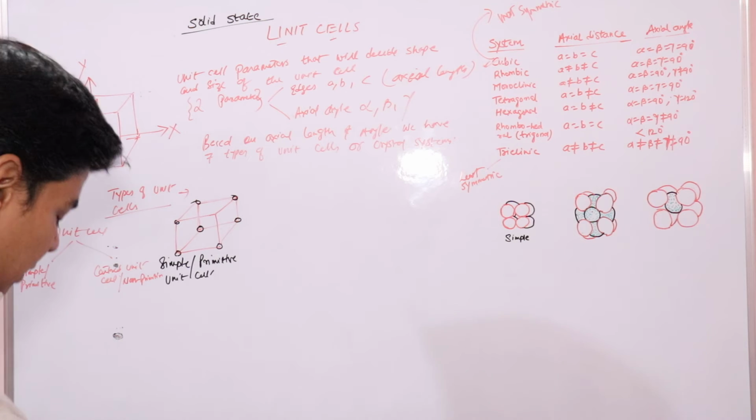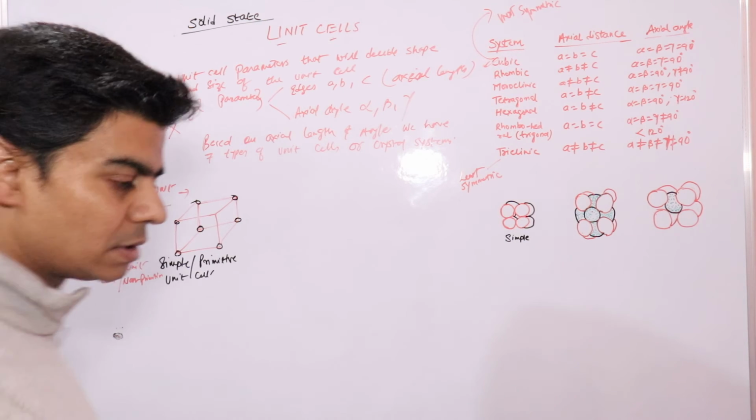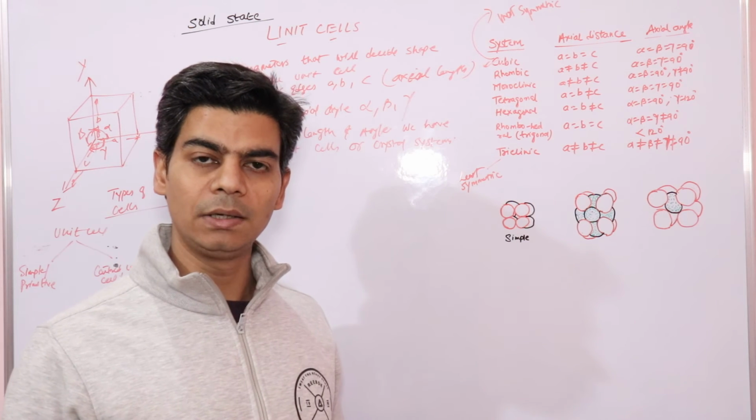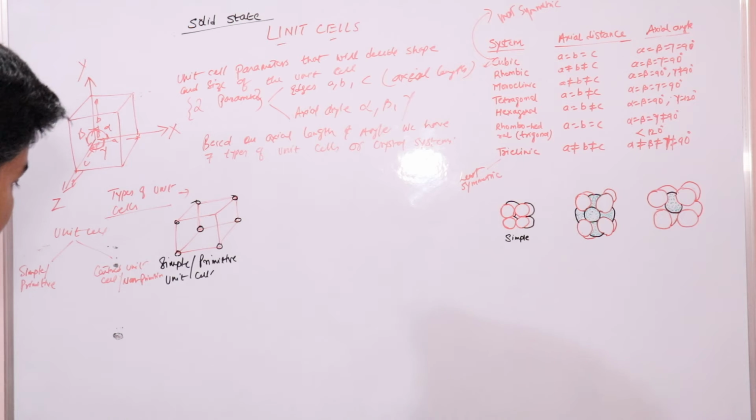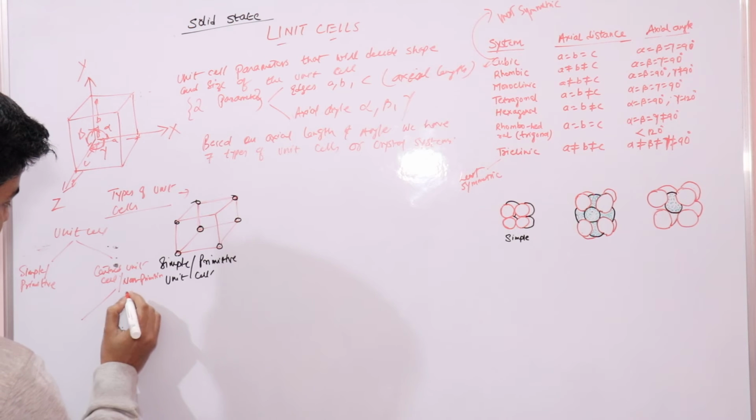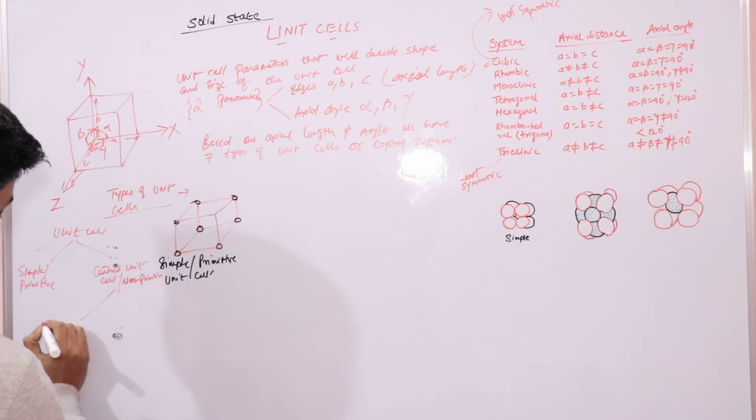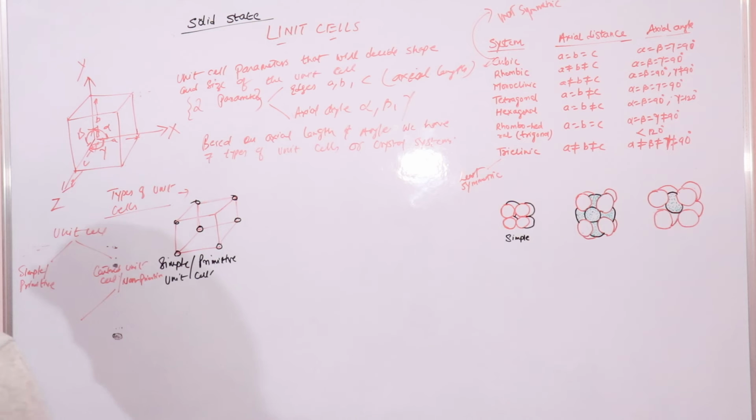Now based on the location of the constituent particle, this type of unit cell is further divided into 3 unit cells, right? First type of unit cell is your, again we call it body centered, face centered and edge centered, right?